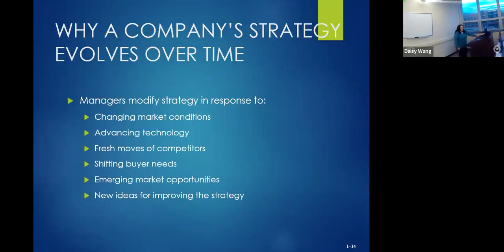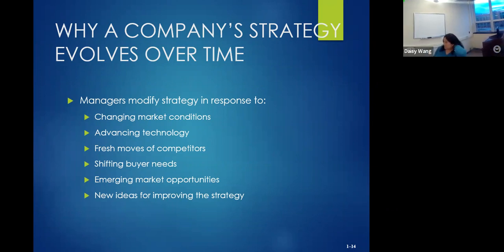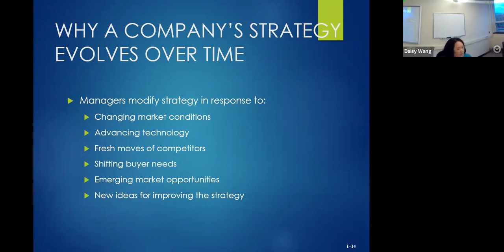And then sometimes your strategy might be different because the market condition might be different. Like before, when we went to Walmart, everything was kind of cheap. But now, I don't know if you guys notice, people are more into organic products. So even in Walmart, you will see they have a section that sells organic, good quality stuff.